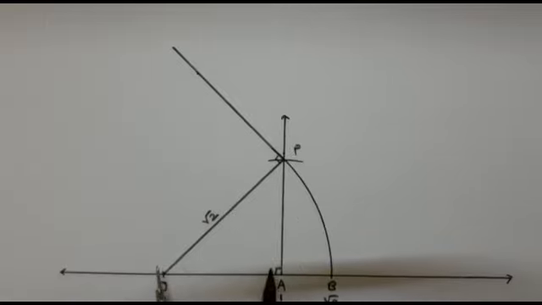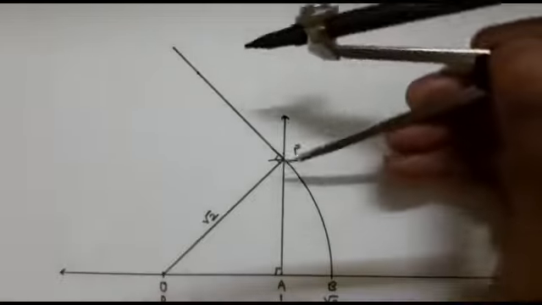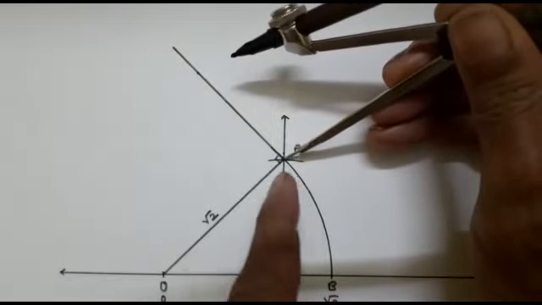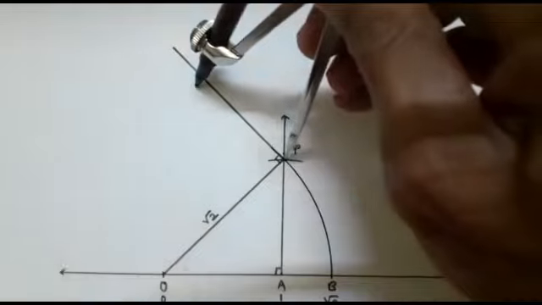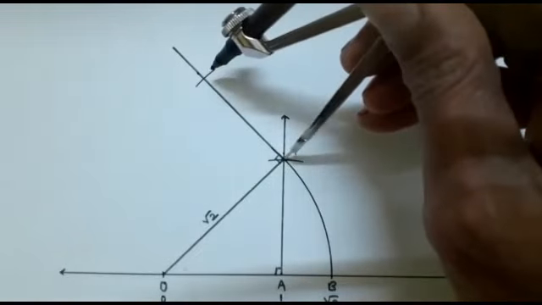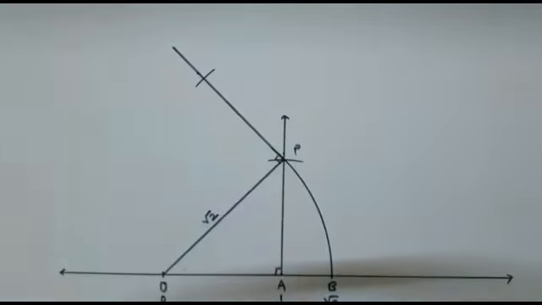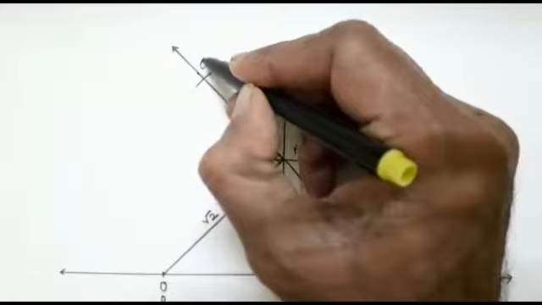Now measure the distance of 1 unit, that is OA. Now mark the height from the point P. Put the needle at point P and mark the 1 unit distance on this drawn new perpendicular. Give the name Q to this point.